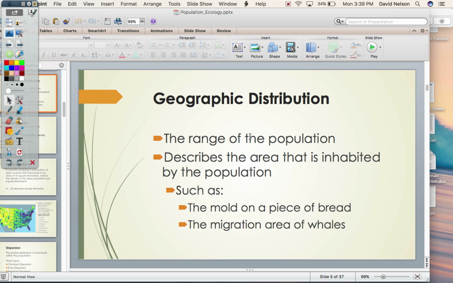So the geographic distribution of these whales is going to be a huge area in which, depending on what time of the year we're looking at, we can find these whales. Nothing too mind-blowing or crazy here with geographic distribution.